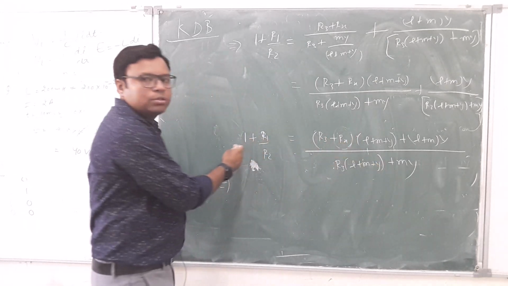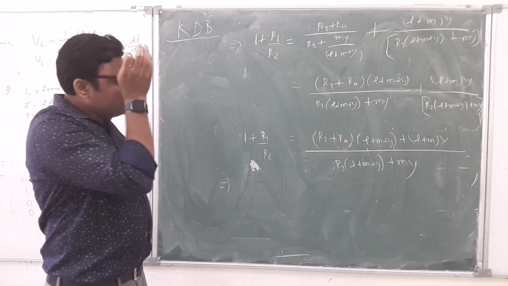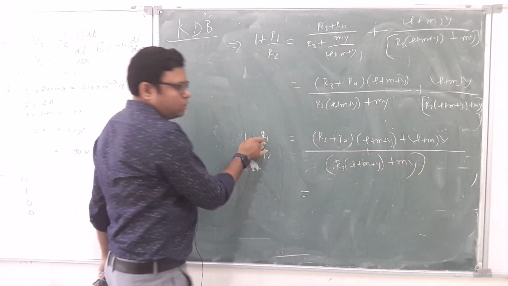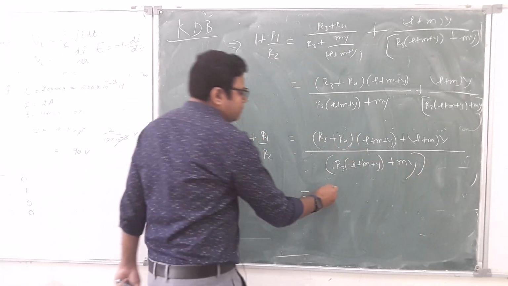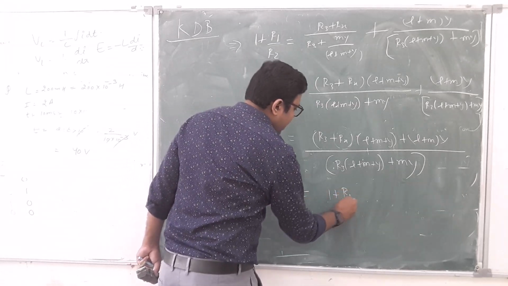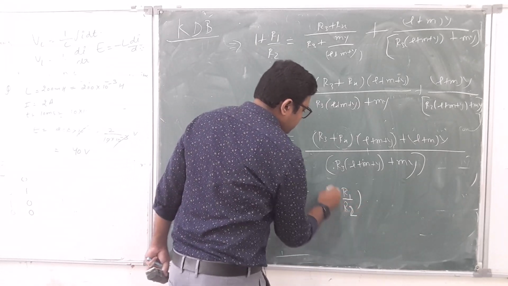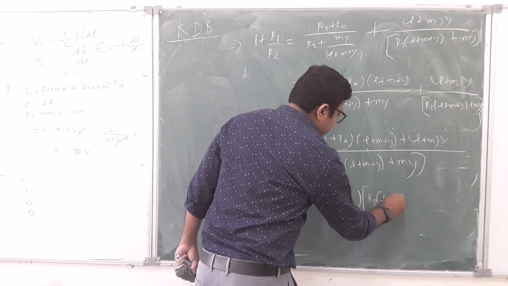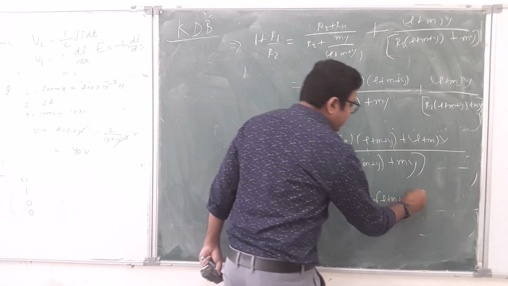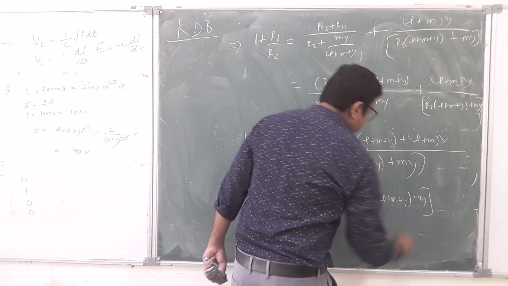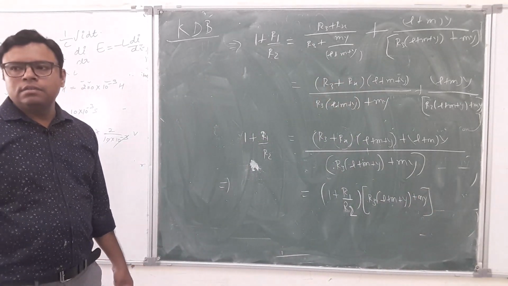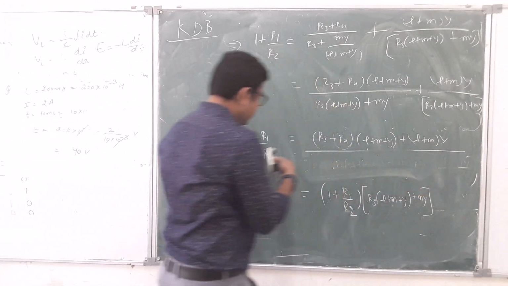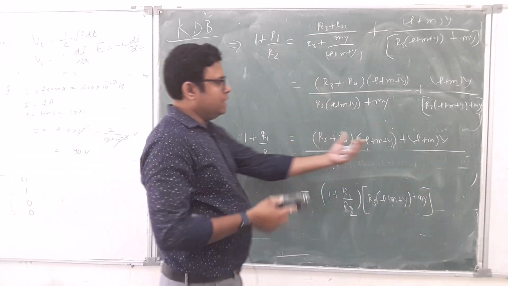So everything can go this side. So first what I will do, I will throw this to this. So this will be 1 plus R1 by R2 into R3(L plus M plus Y) plus My. Okay? So after removing this to here, this remains.